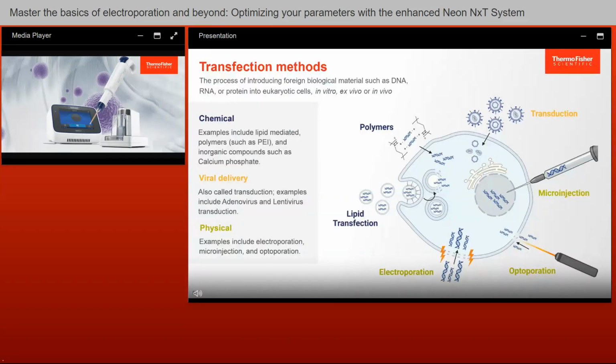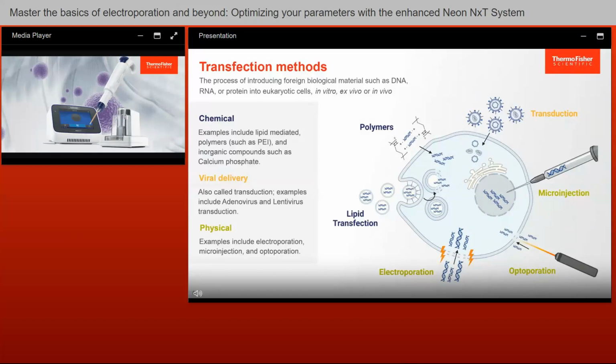Transfection is the process of introducing foreign genetic material, such as DNA, RNA, or proteins, into eukaryotic cells to manipulate their gene expression. Chemical transfection utilizes chemical agents, such as lipids or polymers, to facilitate the entry of genetic material into cells.